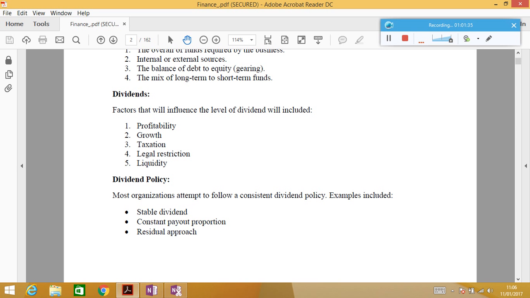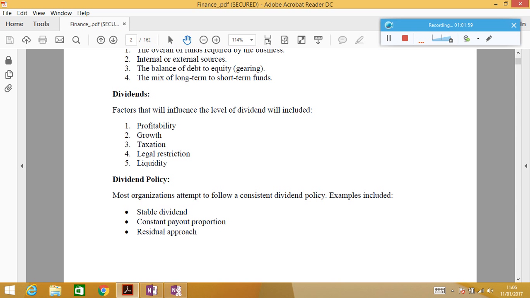Now, most of the companies, they will say, I will pay dividends according to the residual approach. They will promise that they will pay dividends, but they won't pay. Why?